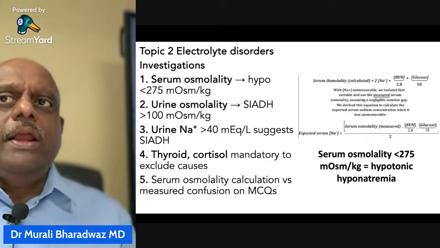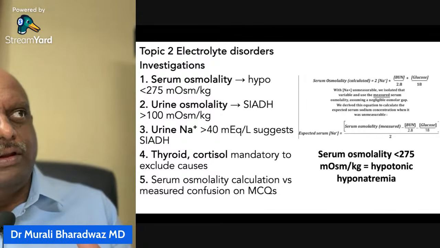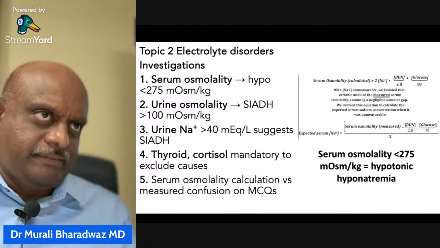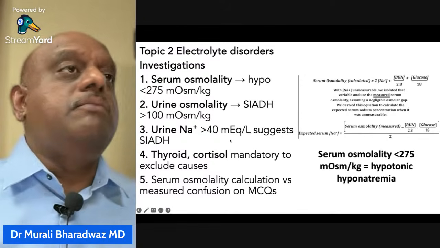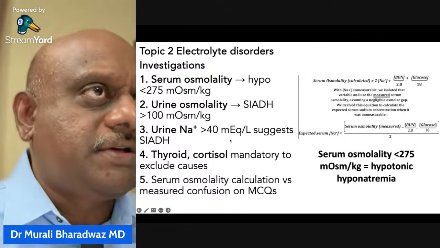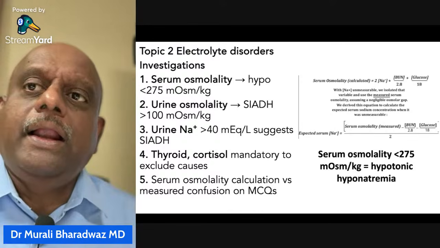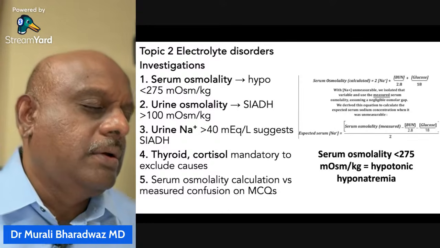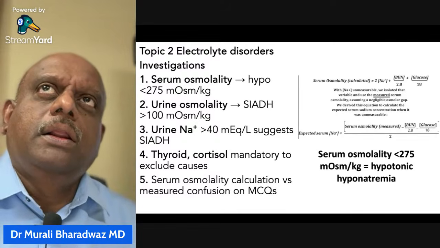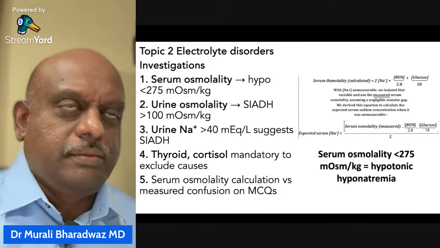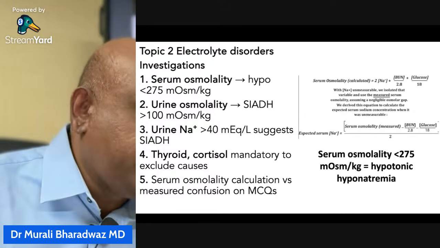Now, what are the important things that you need to look for in SIADH? The urinary sodium becomes more than 40 milliequivalents typically, right? Because of the excessive antidiuretic hormone, the water cannot enter into plasma, into urine.